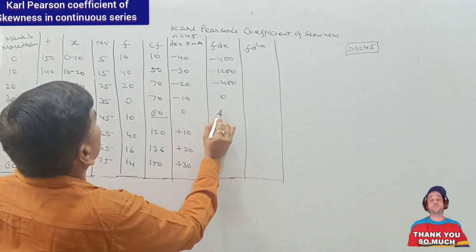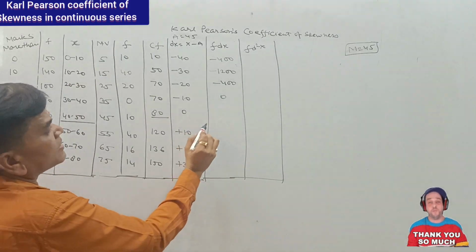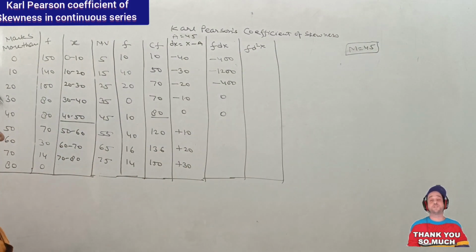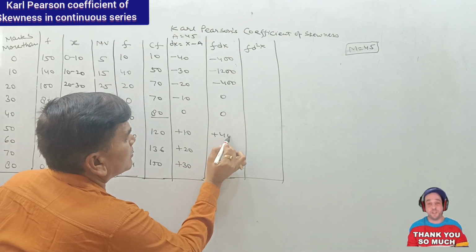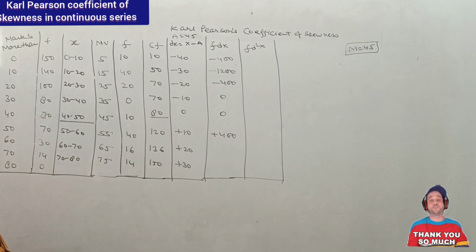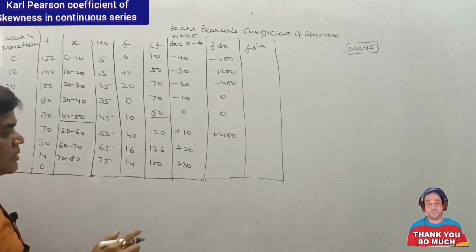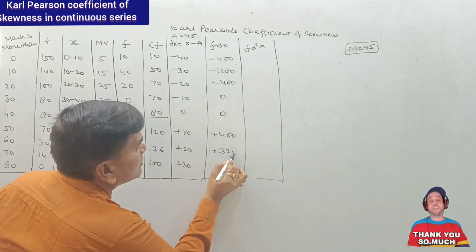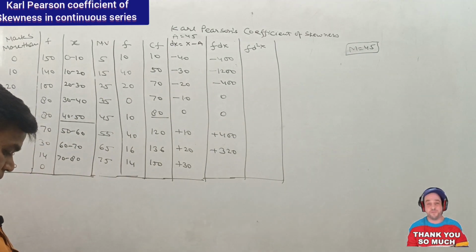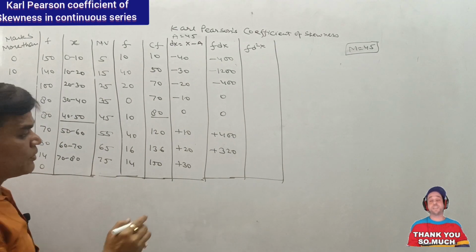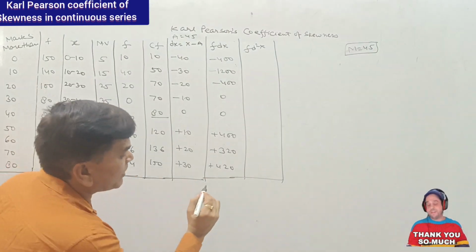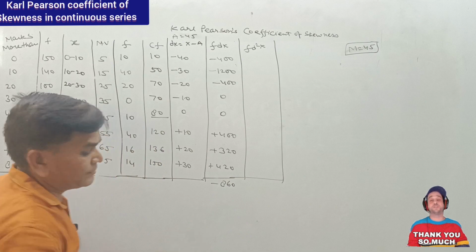Then 0, this may be also 0. 40 multiply 10, 400, plus value. 16 multiply 20, 320, plus value. 30 multiply 14, 420, plus value. So the result is minus 860.